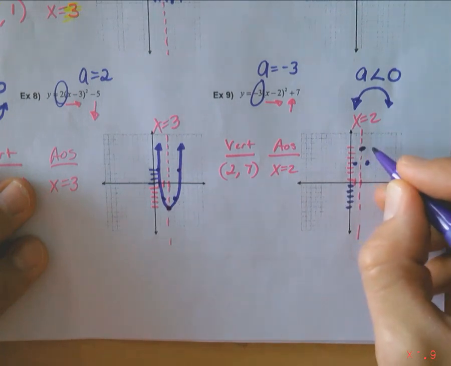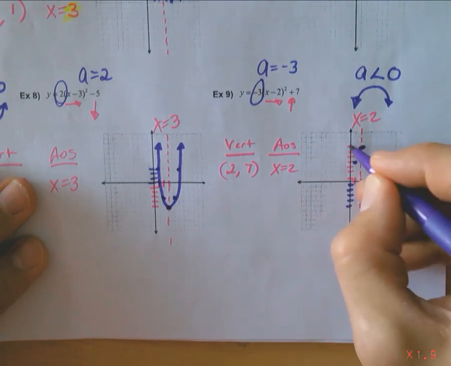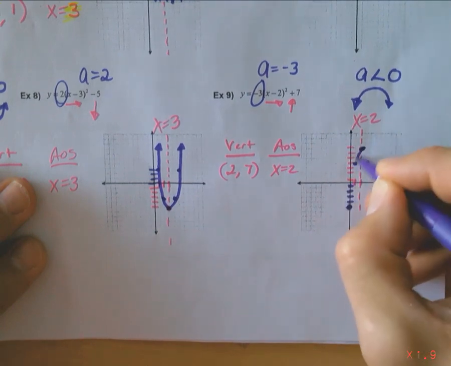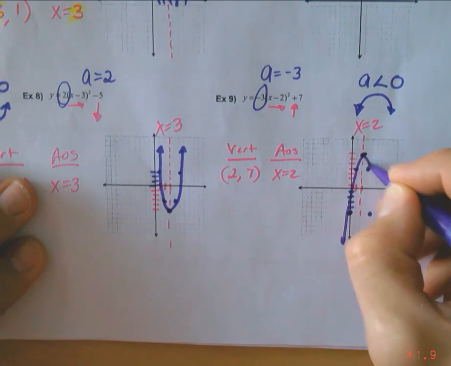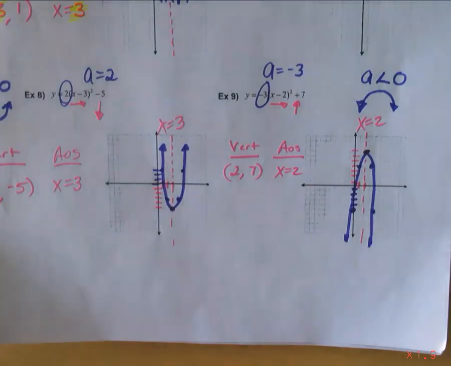I'm going to go over 2 and then down 12. Over 2, down 12. Now I have a pretty good looking graph here. So final answer is that one right there. All right, do you guys have any questions with that?